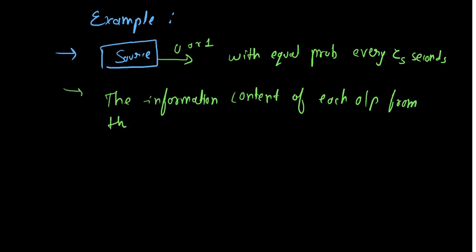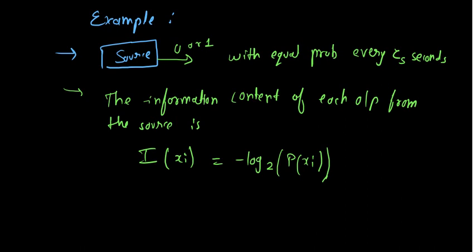from the source is given by the self information, I of xi, which we know is equal to minus log to the base 2 of p of xi, right? And what is this p of xi? P of xi will be 1 by 2, because we are assuming that with equal probability our source is transmitting either 0 or 1. So the probability of each output is 50-50%, so 1 by 2.